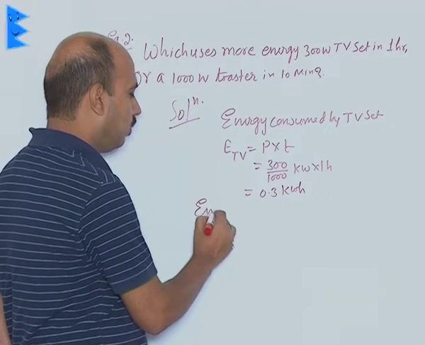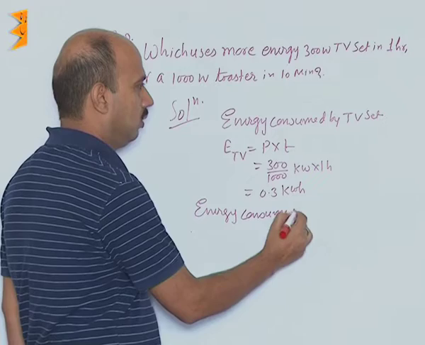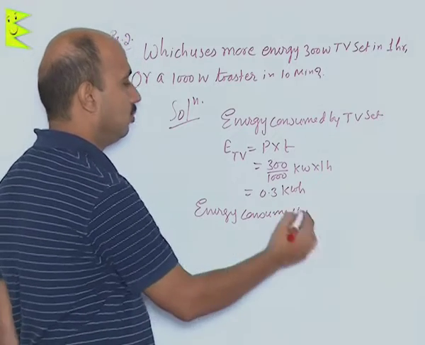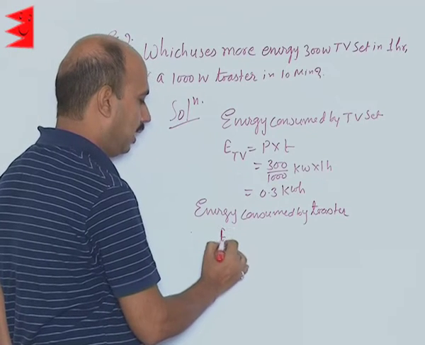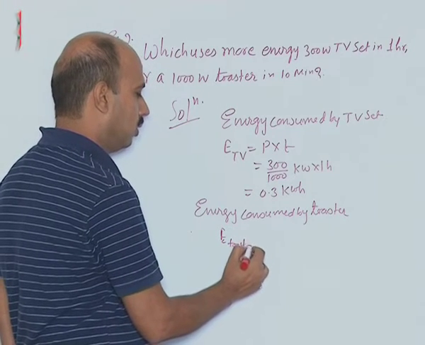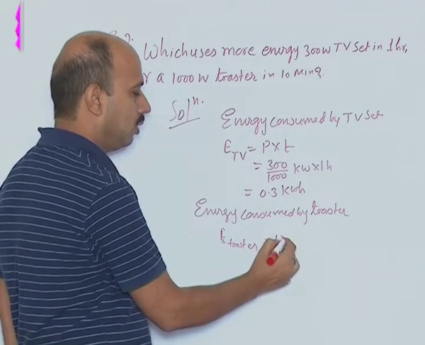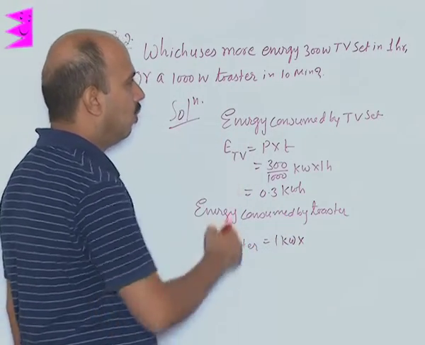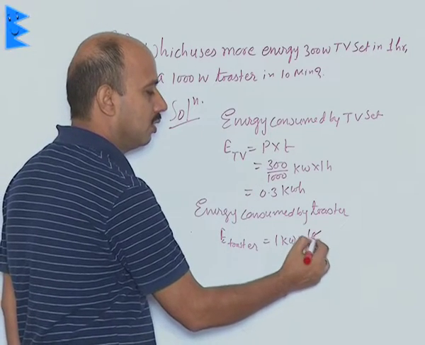Now we can calculate energy consumed by the toaster. So here we can write E toaster is equal to power, which is 1000 watt, that means 1 kilowatt, into time, which is 10 minutes, that means 10 by 60 hour.